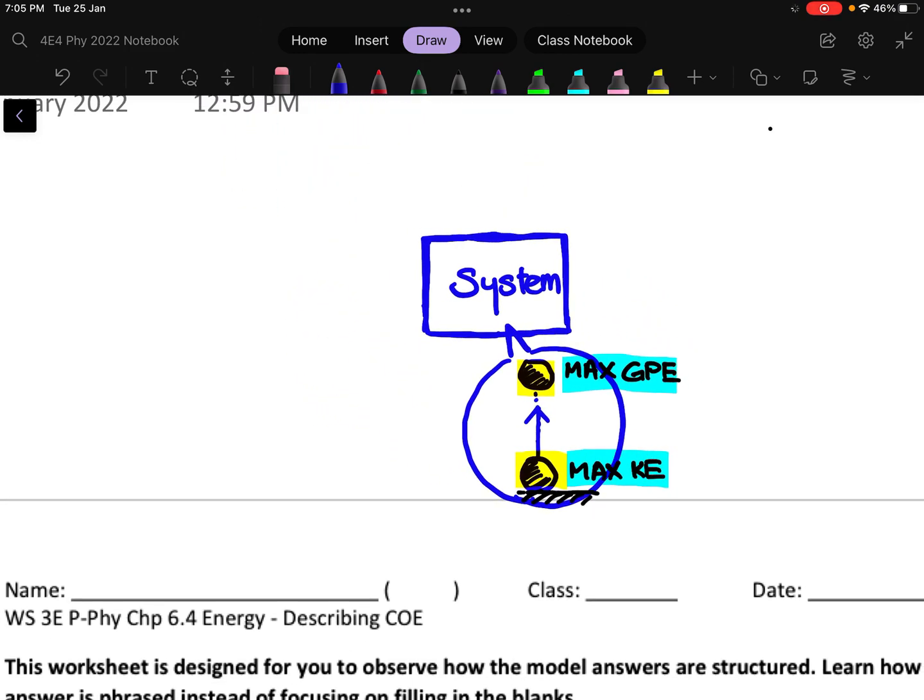So we say that the amount of energy that has been transferred into the system is called work done. If the name confuses you, you can substitute this term in your mind by saying, okay, this is just energy that has been transferred into the system.